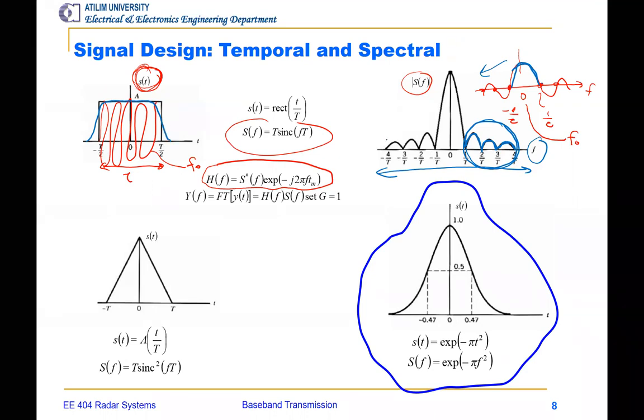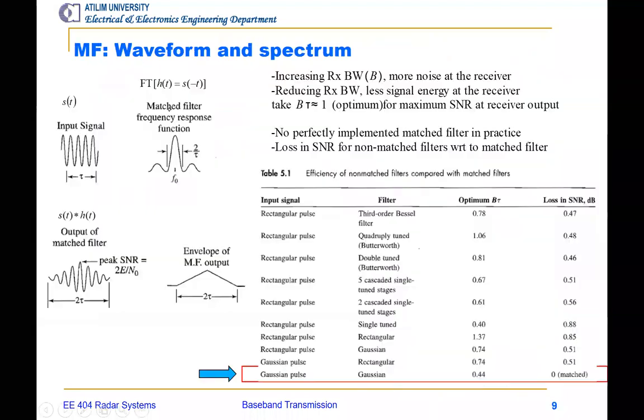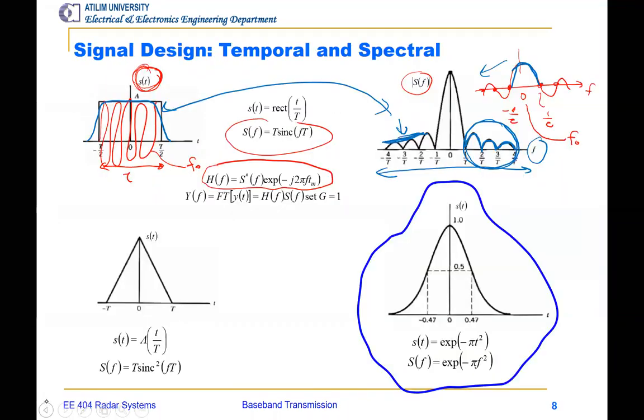Which will suppress the side lobes, and the energy or power in this side lobes will be reduced, based on this smoothing process, which is called pulse shaping. This is one way to use in order to reduce the signal power in side lobes.